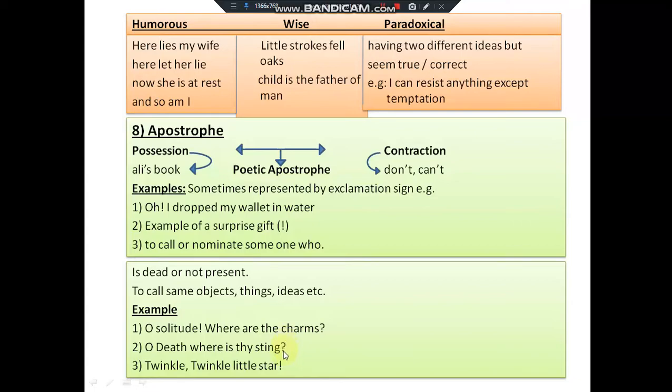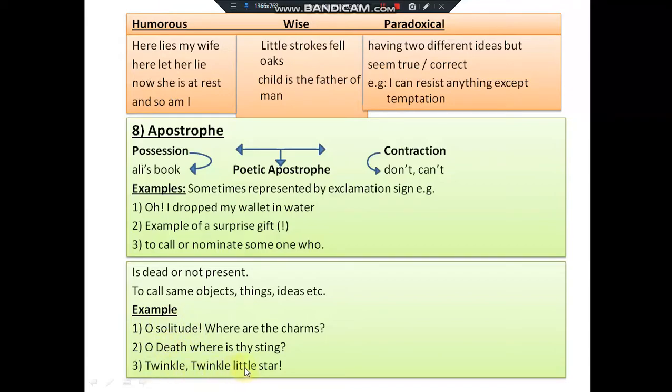Though you can put an exclamatory sign here as well, as it is an introduction, it is a question that is asked from solitude and death. So don't get worried that there is a question mark here. You can use an exclamatory sign as well, you can use this question mark as well, but basically O is number one symbol of apostrophe, and the second is the exclamatory sign. There must have been an exclamatory sign here after death. Okay, O death, it must be an exclamatory sign used here. So we have two examples of apostrophe in the sentence.